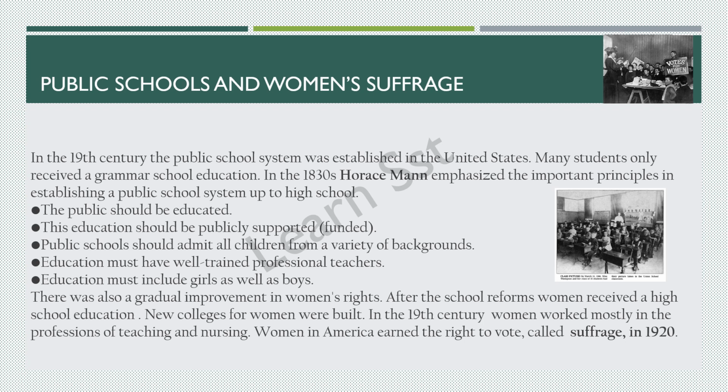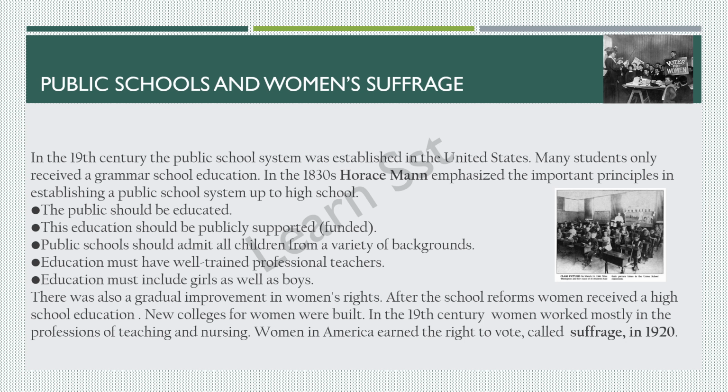There was also a gradual improvement in women's rights after the school reforms were done. Slowly and steadily, new colleges for women were built. In the 19th century, women worked mostly in the professions of teaching and nursing. So mostly the girls took up these jobs as teachers and nurses.